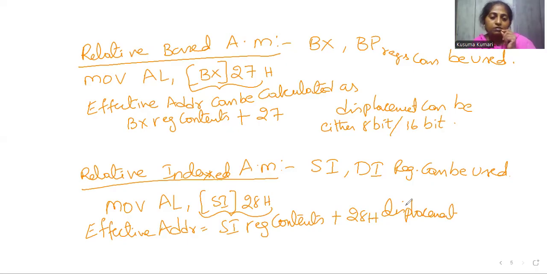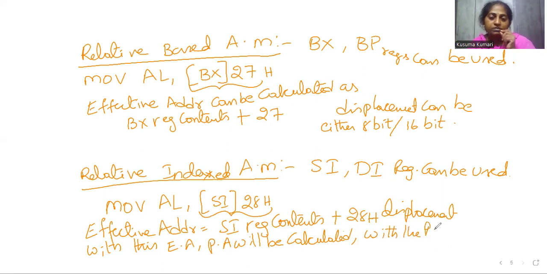This is the effective address. With this effective address, the physical address can be calculated. With the physical address, the memory location is identified.